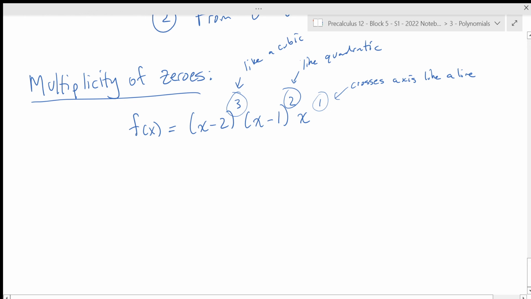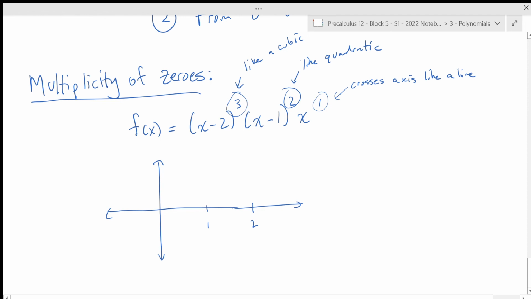So what happens is a root like this, (x minus 2) cubed, means that at 2, let's see what this function would look like. Okay, it's positive, so we know that it's got degree 6 in total if we were to expand it. Don't need to worry about that for now. So let's say we have 2, 1, and 0.